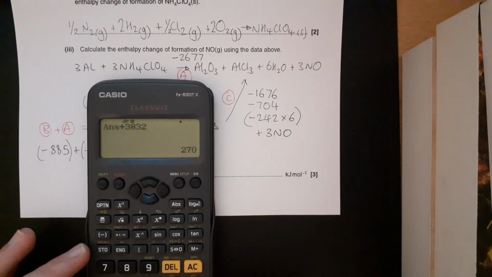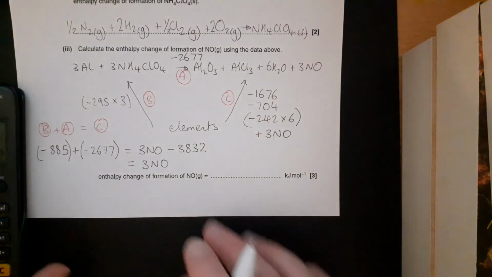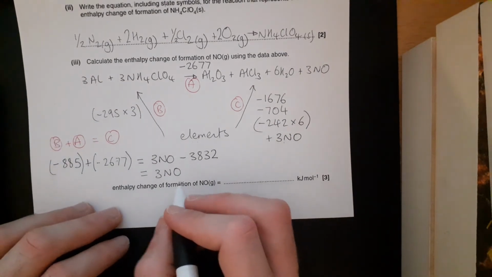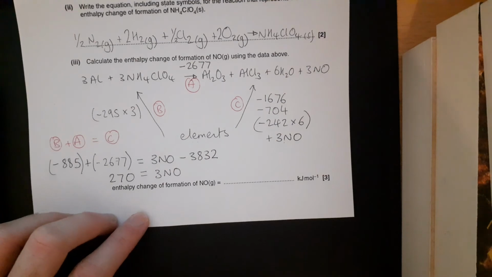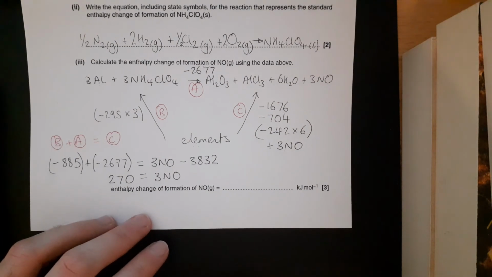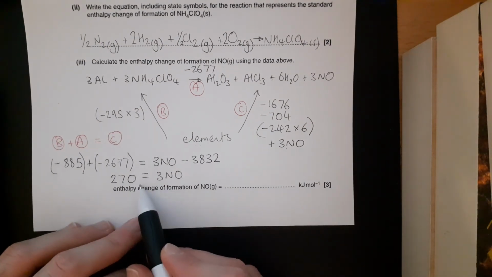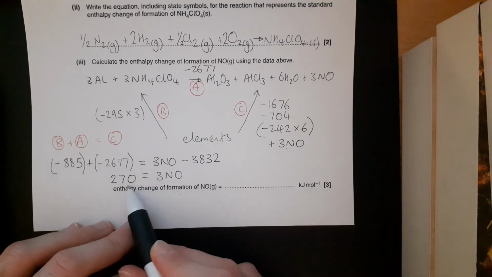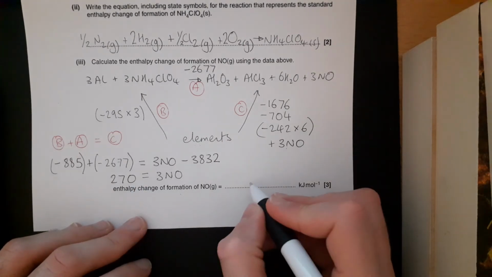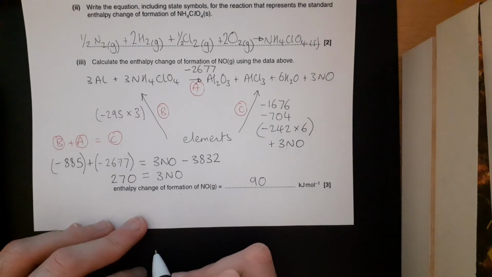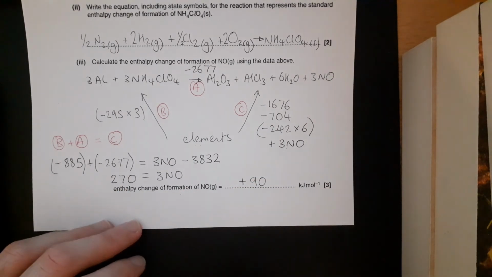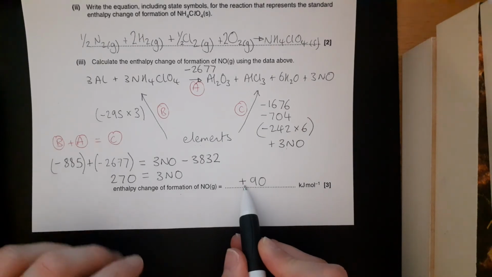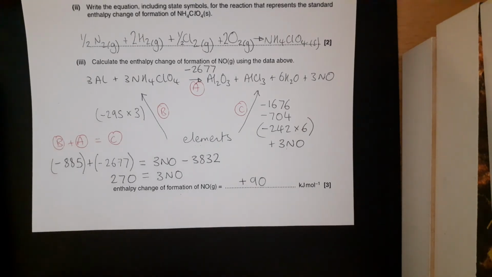So that leaves us with 270. So here we've got 270 is equal to 3 times the enthalpy of formation of NO. And so the enthalpy change of formation of NO must be 90, dividing by 3. That's a positive number, isn't it? So it must be plus 90. We always want to put a sign on an enthalpy change.